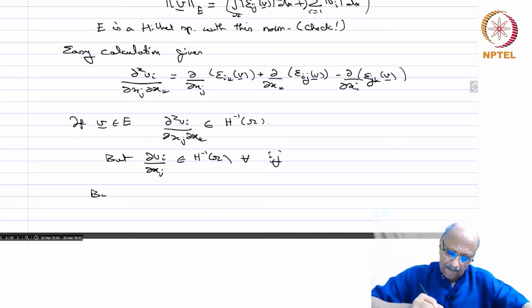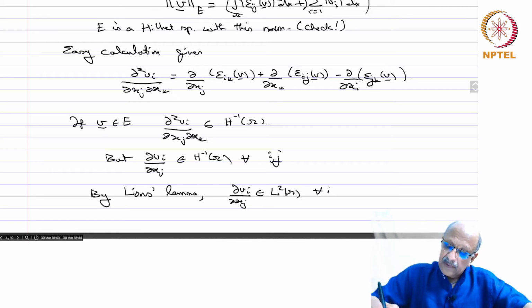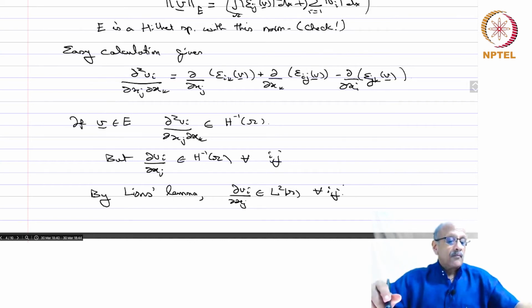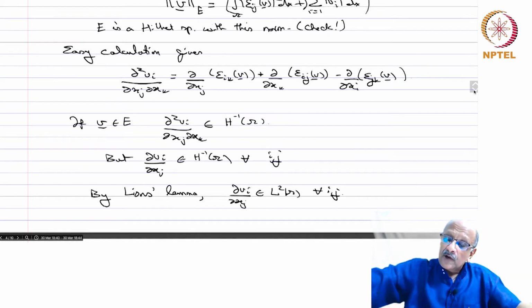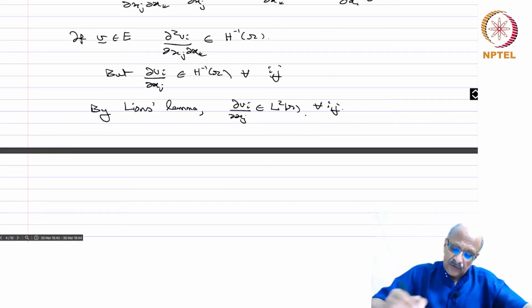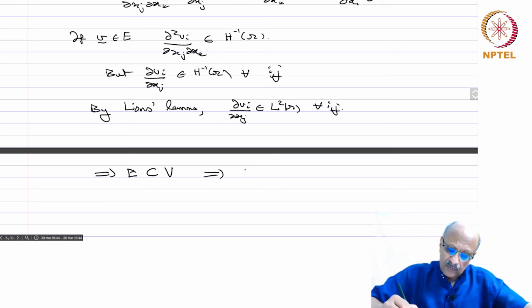Therefore, by Lions' lemma, we have that dvi by dxj belongs to L2 of Omega for every pair i, j. So the vi's are all in L2 and the first derivatives are all in L2, so this means that E is contained in V. And the converse we already showed, so E is equal to V. So you have that the two spaces, as vector spaces, are the same.